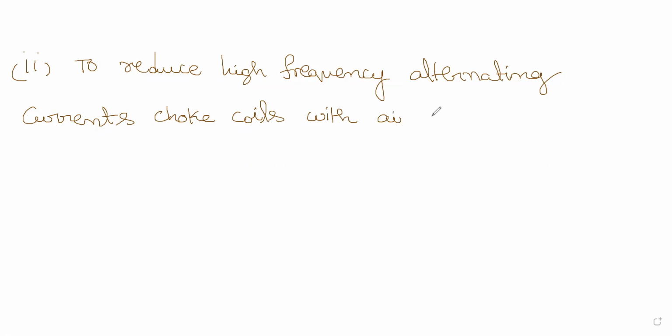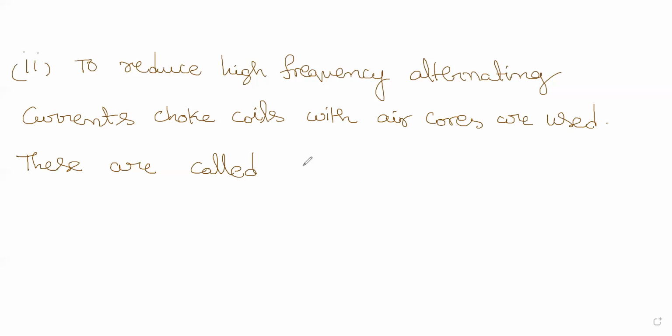Air core means nothing will be there in between. That is called an air core. These are called RF choke coils. So these are the two types.